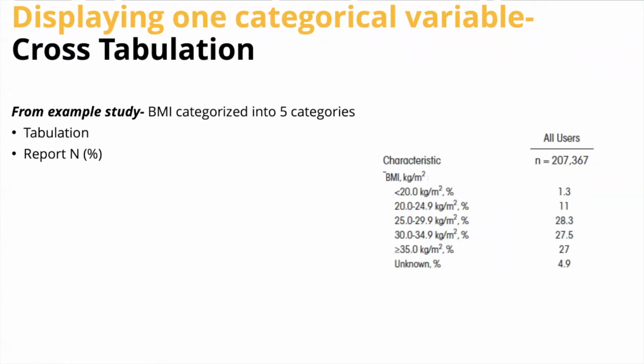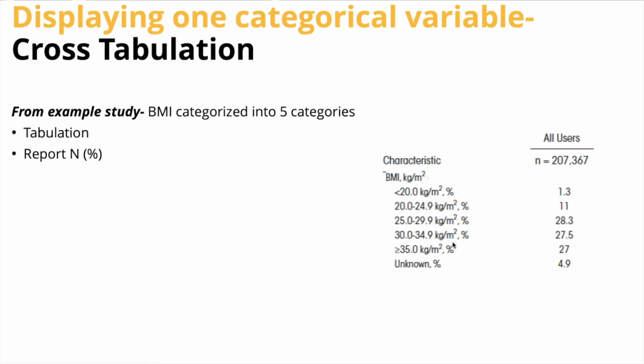Going back to our BMI example, we can do a cross tabulation of BMI, which is where we show the N and percent for each BMI category for the entire study population. The total number of people in the study population, as I mentioned for our example study, is about 207,000 people.